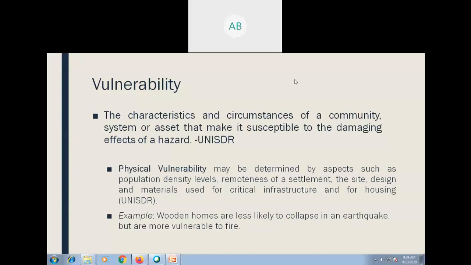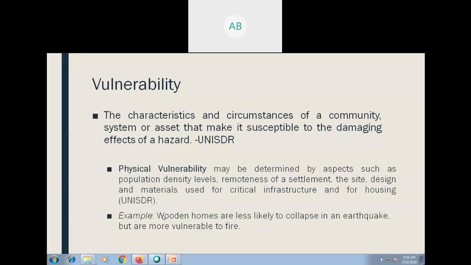So, it will depend on the material of construction, it will depend on the exposure to the same hazard, and thirdly, if the type of hazard is different, then the same house or same materials or same type of construction also can contribute to different levels of vulnerability.